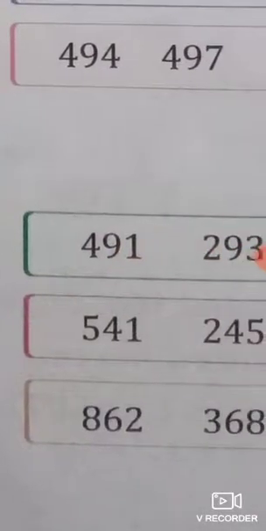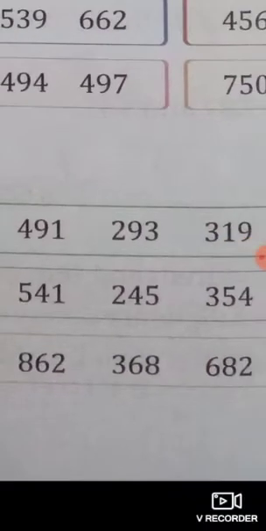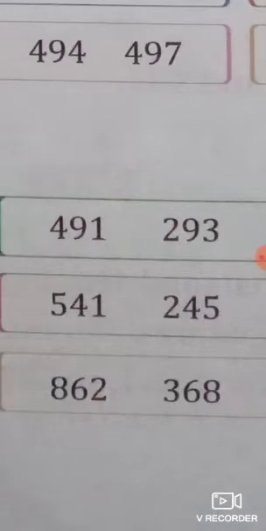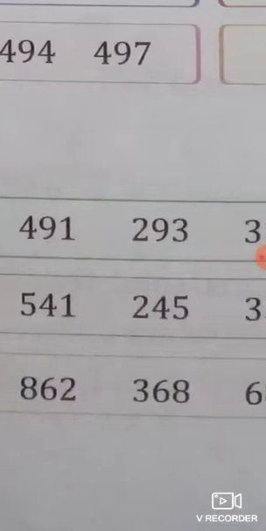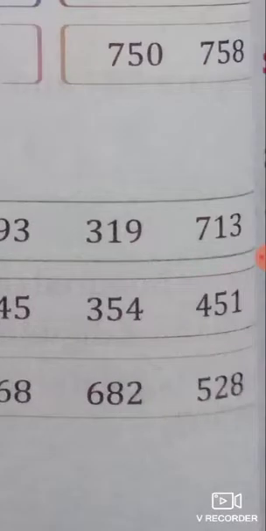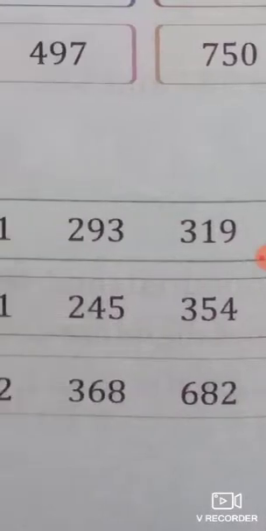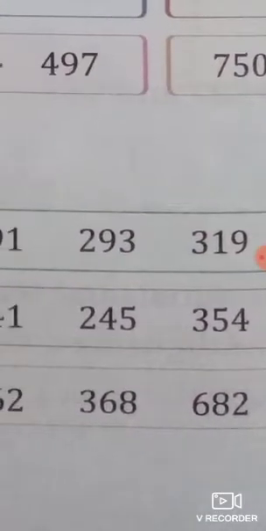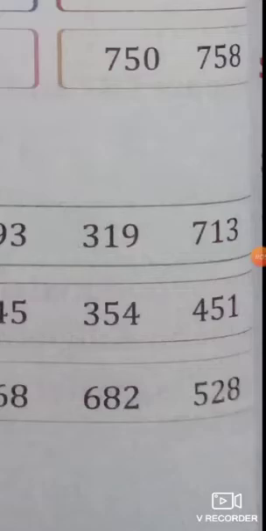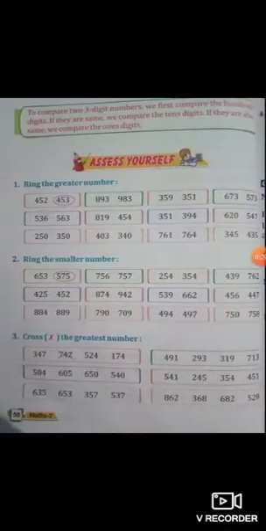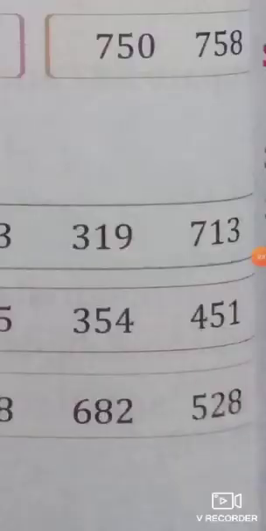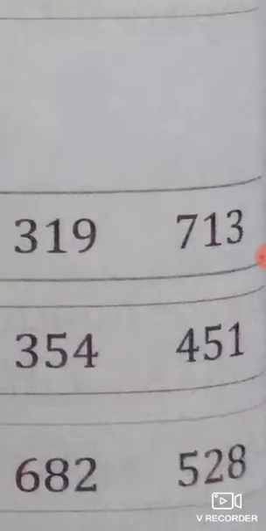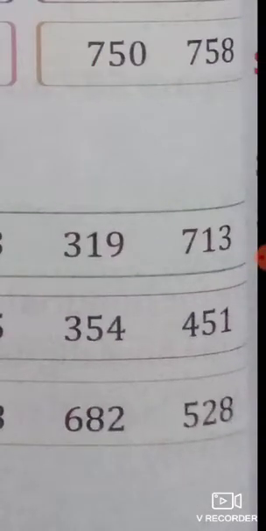In the second question, the numbers given are 491, 293, 319 and 713. 713 is the greatest number, so we will cross 713.